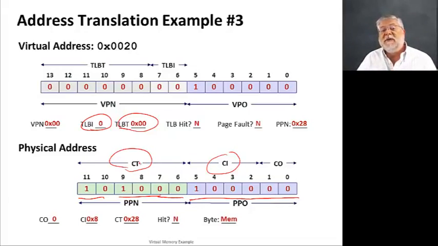So this is a case where we got a TLB miss, but we were able to read the page table entry quickly. We had that available, and once we got the physical address, we now have a miss in the cache and have to go and bring that in from memory.